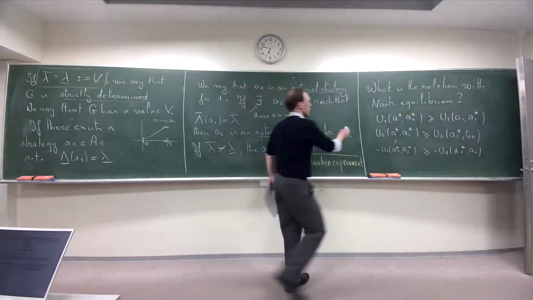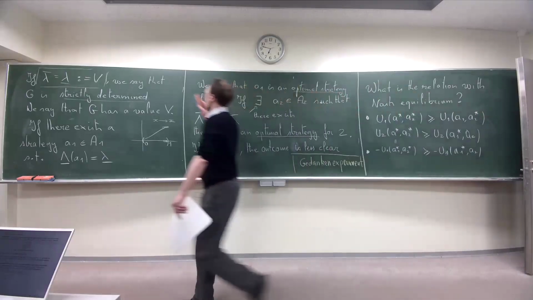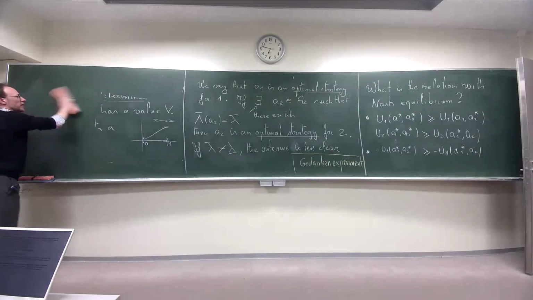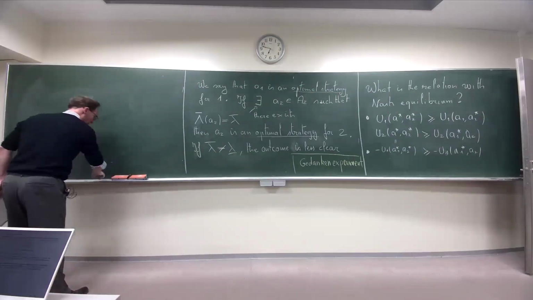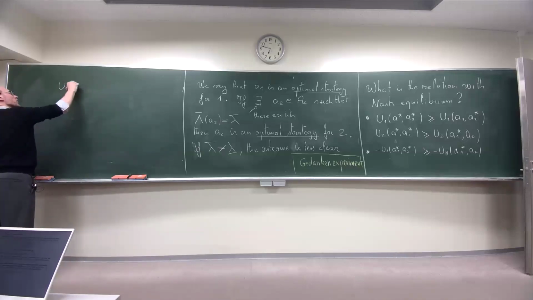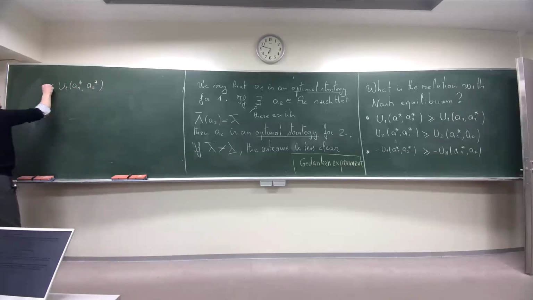So if you look at this inequality and this one, what do we obtain? If you have already attended Calculus 2, it should remind you of something. So look, we have U1 of A1 star, A2 star is bigger or equal to U1 of A1, A2 star for any A1.